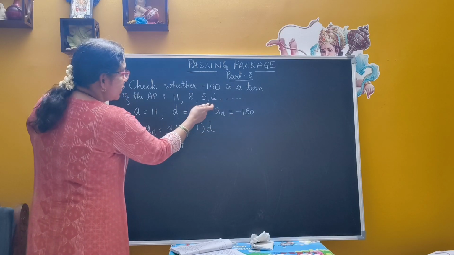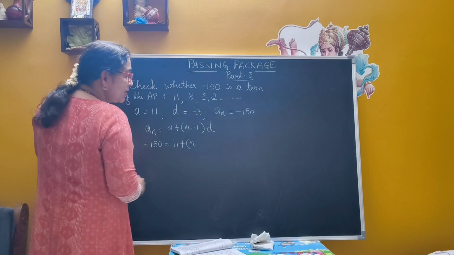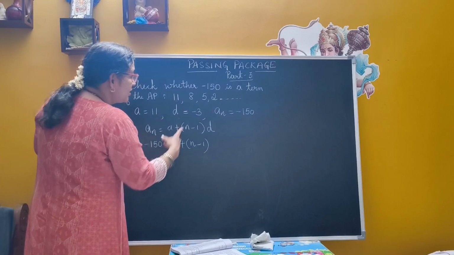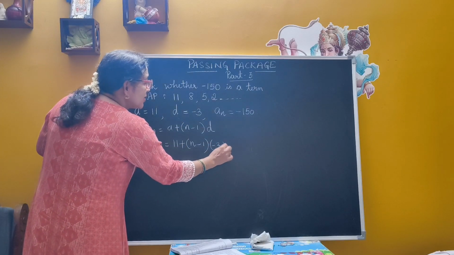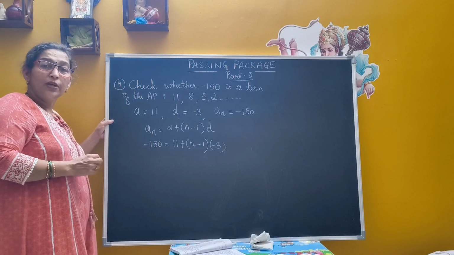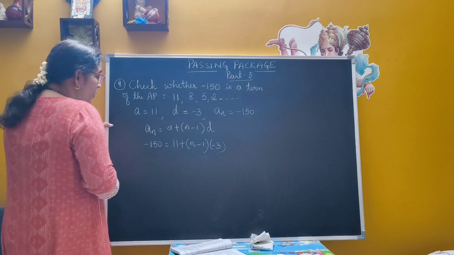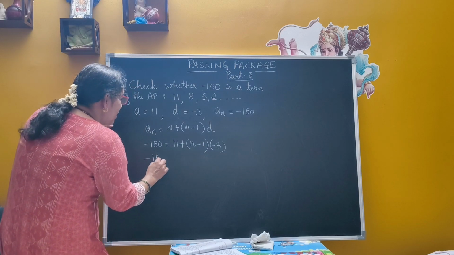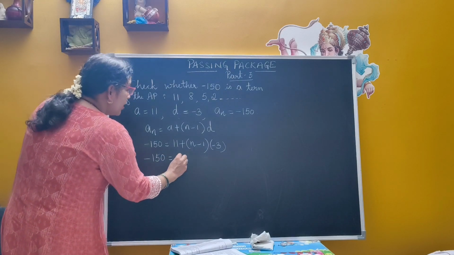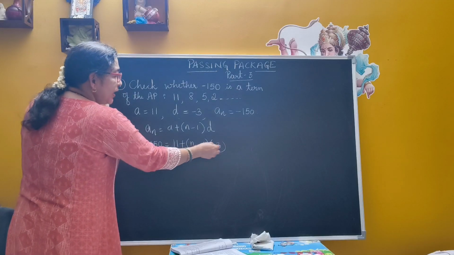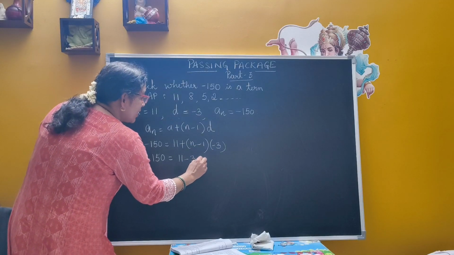So 11 plus n minus 1. What is n? We don't know, let us keep it as it is. n minus 1, what is D? D is equal to minus 3. Simplify this and find the value of n. So minus 150 is equal to 11, here n into minus 3, we get minus 3n.